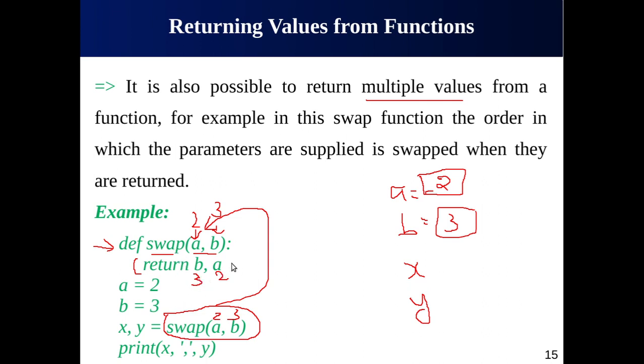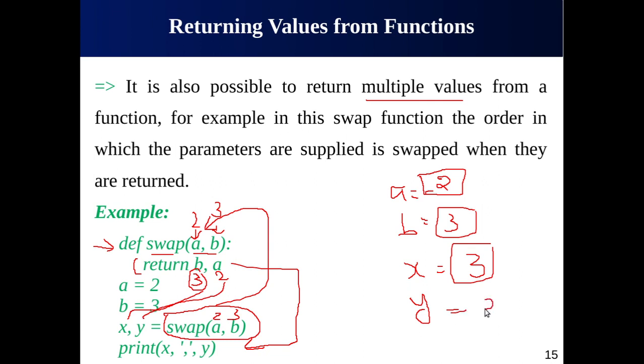Now this will return to where? To the location from where we called this function. And these values will be assigned to x and y. The value 3 will be assigned to x. The x will contain 3. And the value 2 will be assigned to y.